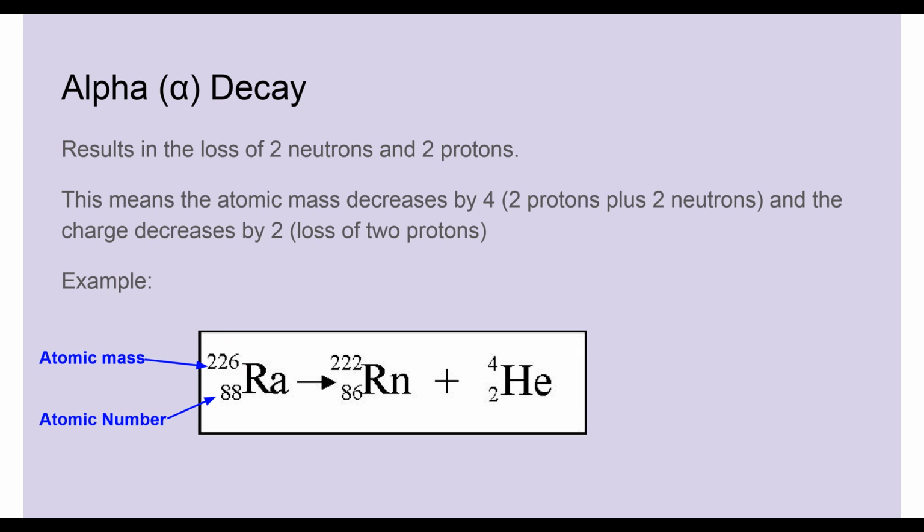Where did that amount go? It went here. Remember how I said we can represent that with helium, because that's the amount that's lost, and so that's this helium piece. And then we have our 88 here for our atomic number, which now becomes 86. So now we have an actual different element that has occurred due to this decay. It's changed.